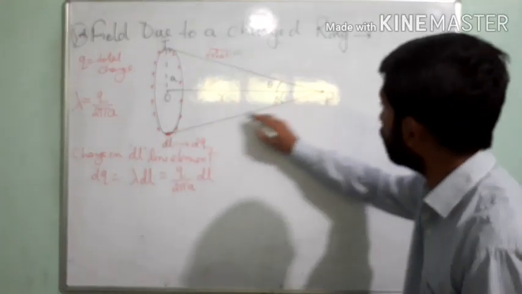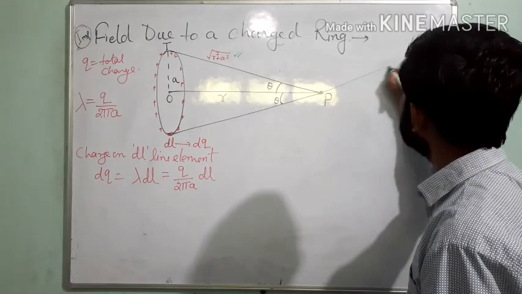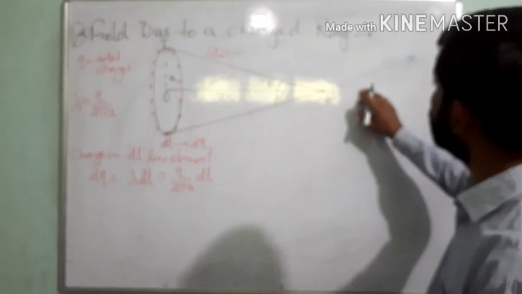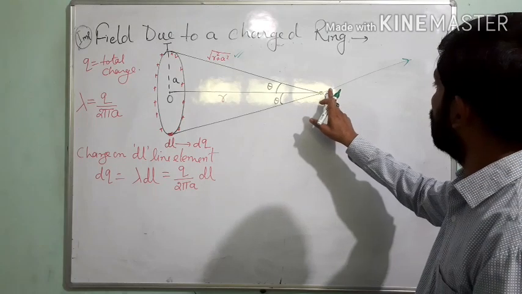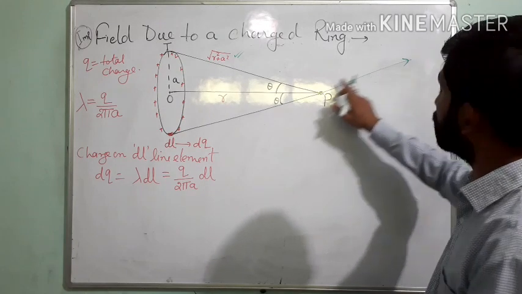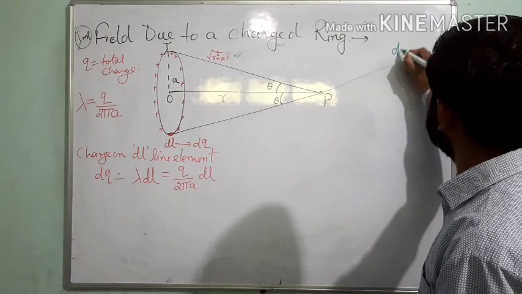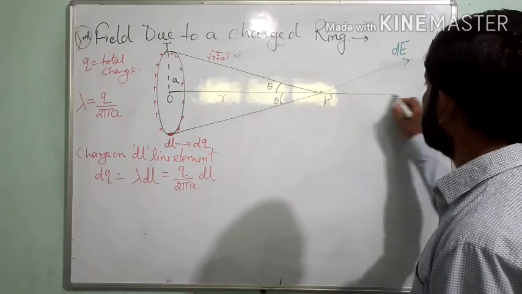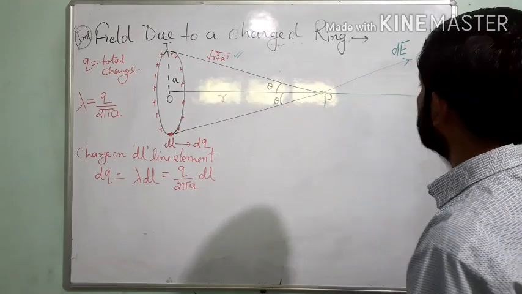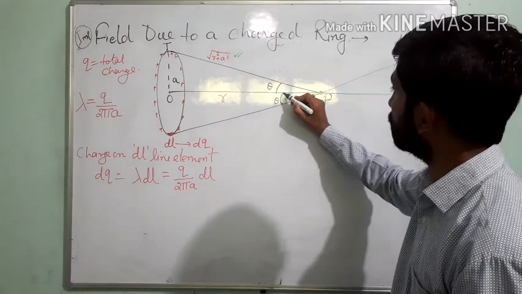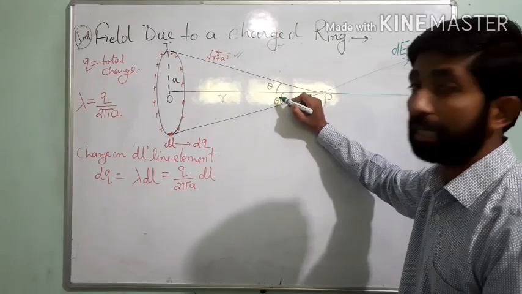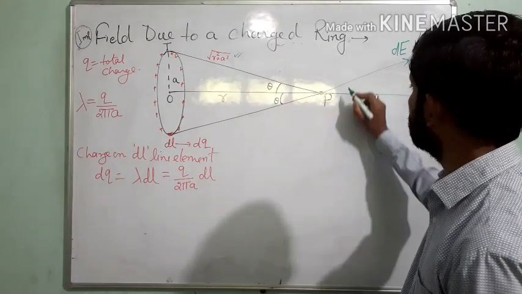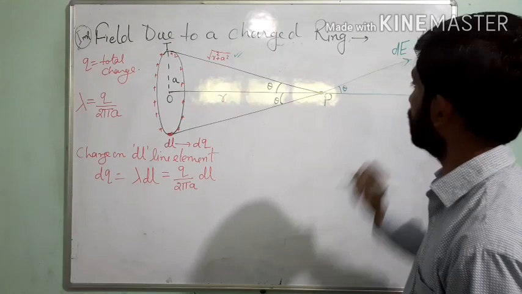So the field produced by this small segment, pointing in this direction, will be a small electric field dE. If I extend this line OP, as I already supposed this is angle theta, so this must be angle theta, because from the figure it is clear. So this angle is again equal to theta.